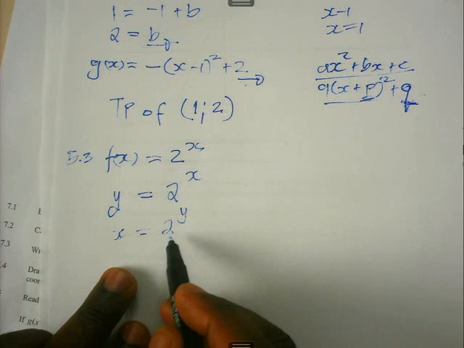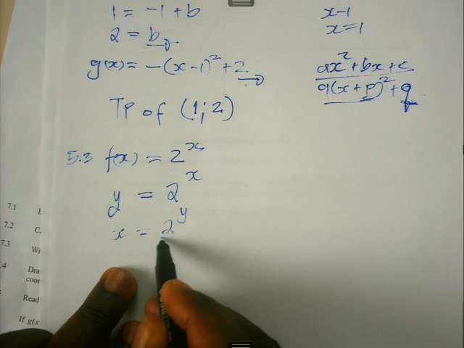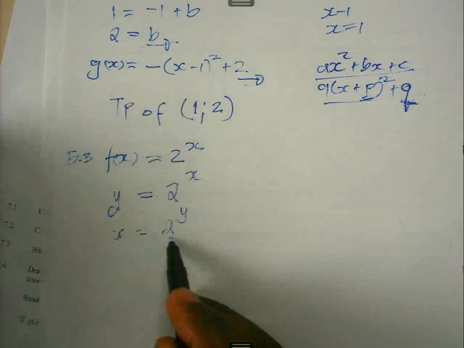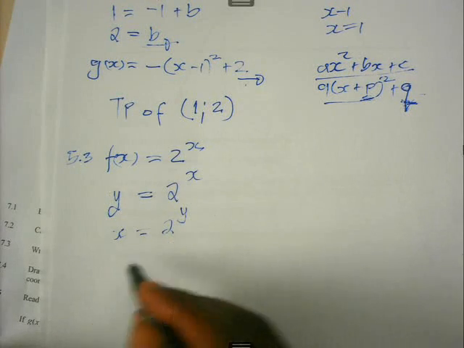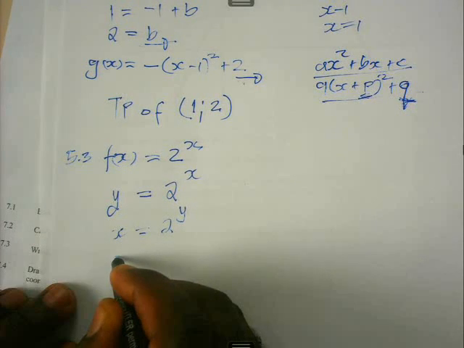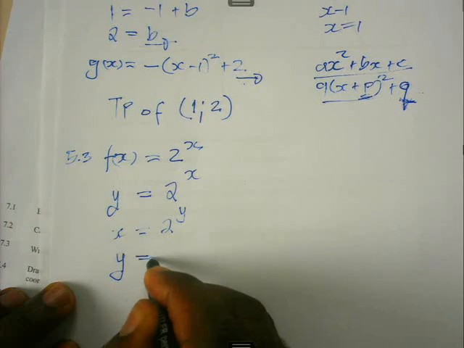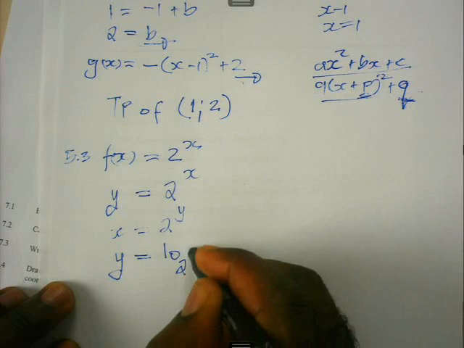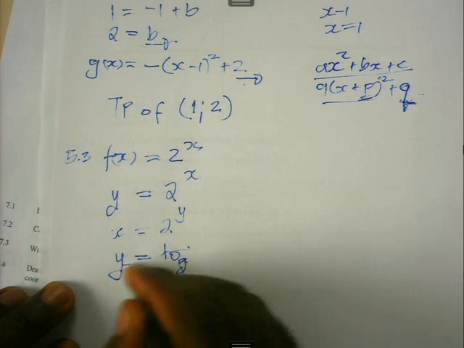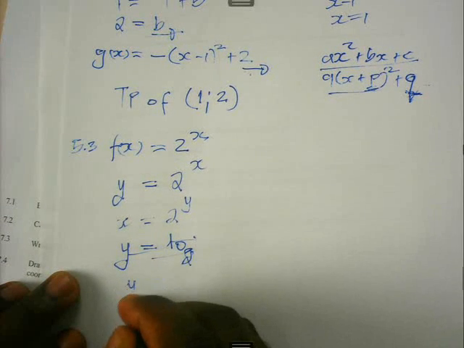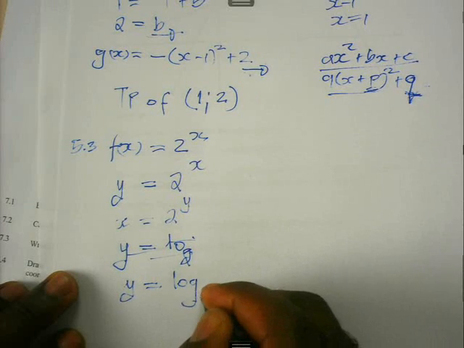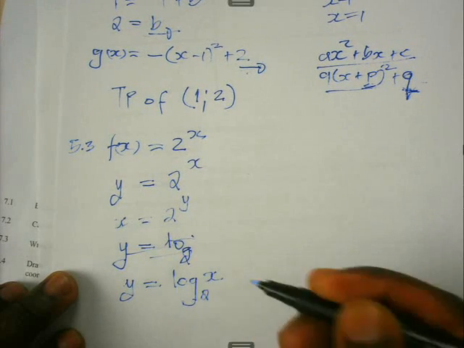But when you introduce the log, please remember that the base of an exponent will always be the base for the log, such that when you write this expression, it's going to look like y is equal to log to base 2 of x.